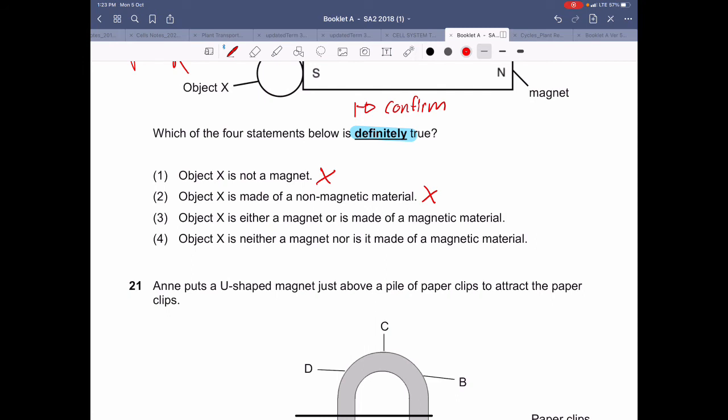Object X is either a magnet or it is made out of a magnetic object. This is correct. Object X is neither a magnet nor made out of a magnetic object. This is wrong. So therefore, your answer is actually number 3. Now for this kind of question, it's important that you eliminate and make sure that everything else is wrong.